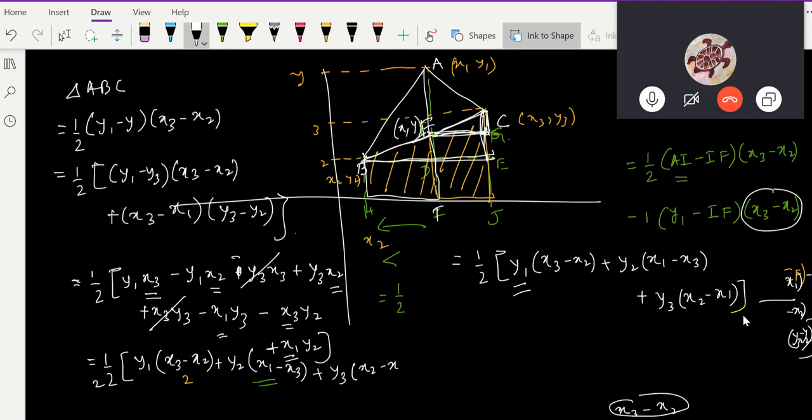So you see y1 3 minus 2, y2 1 minus 3, y3 2 minus 1, right? Yes, sir. So this is very simple to remember, right?